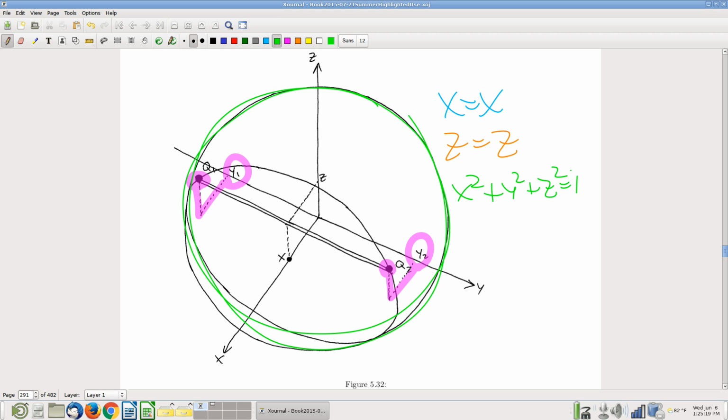I'm interested in solving for the y bounds, so I solve for y in these equations. And so y ends up being plus or minus the square root of 1 minus x squared minus z squared. Again, you can probably see this coming. The lower bound is the negative one. The upper bound is the positive.